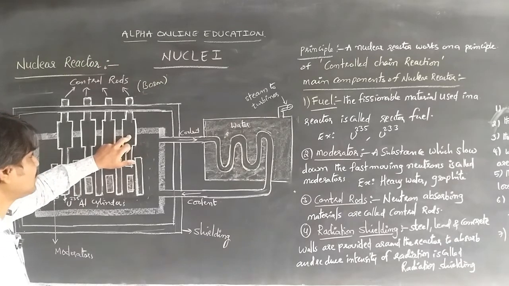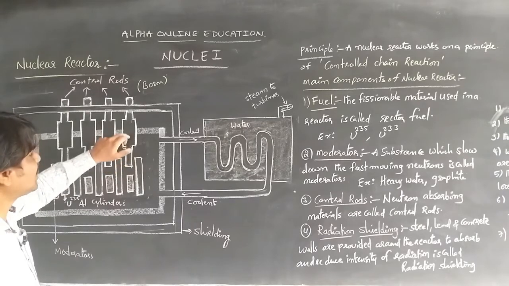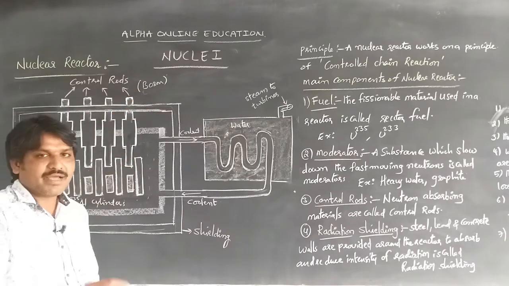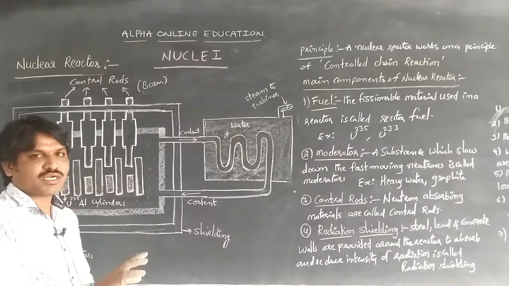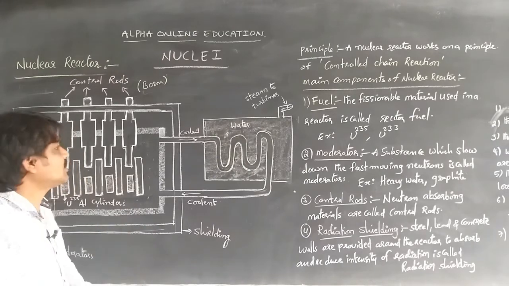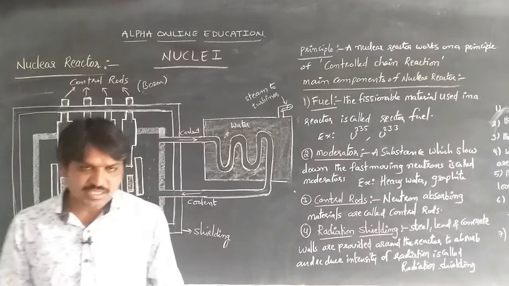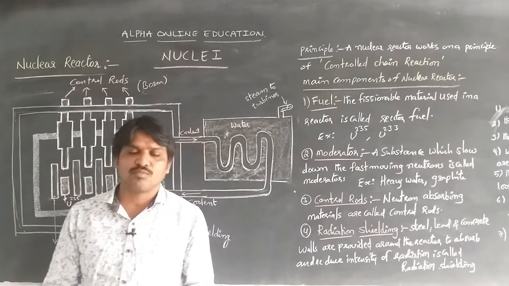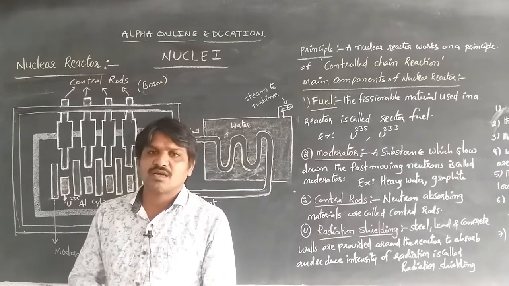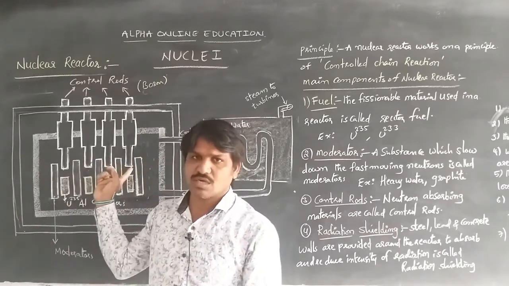The control rods are made of boron. By absorbing those excess neutrons, the whole chain reaction can be controlled. Even if the fission process is moving vigorously, the total chain reaction can be stopped abruptly by using the control rods.